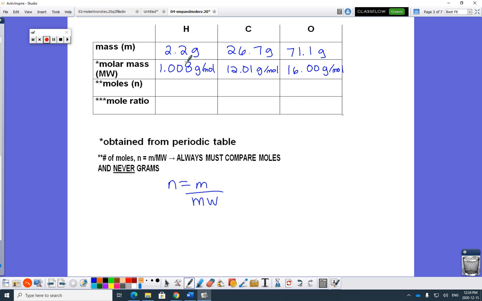One of the advantages to doing this chart is that we write the mass first because that's what you're given. This we get from the periodic table, but now when you've written it like this, it's this divided by this gives you this. It's a nice way to organize the information.